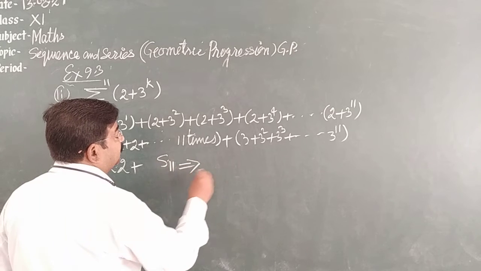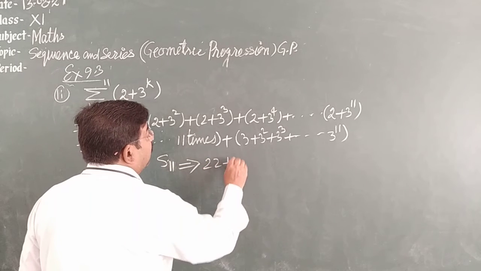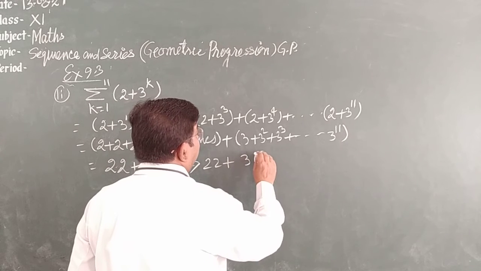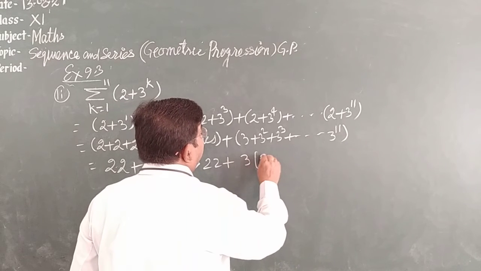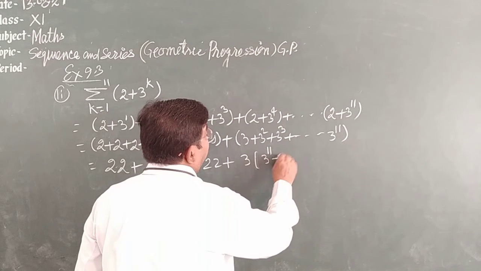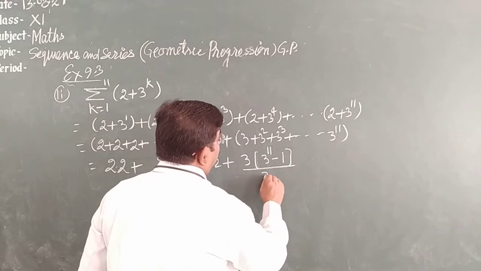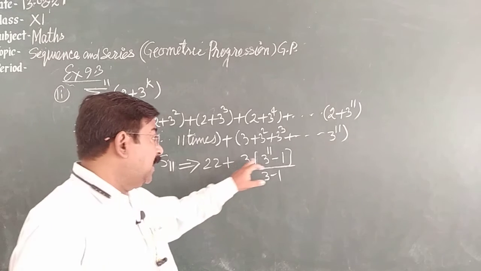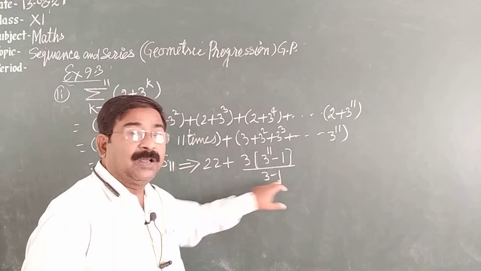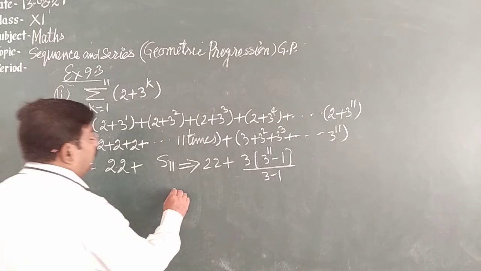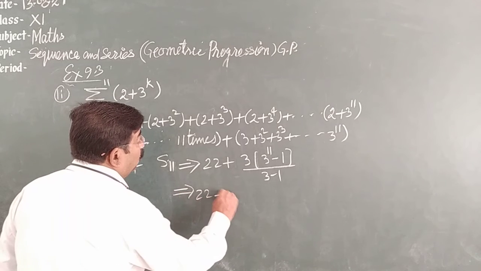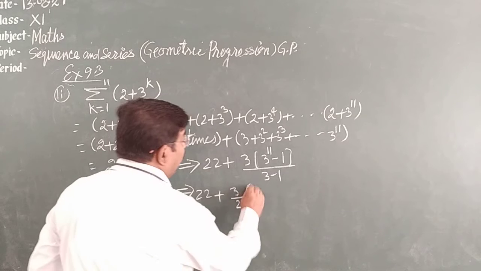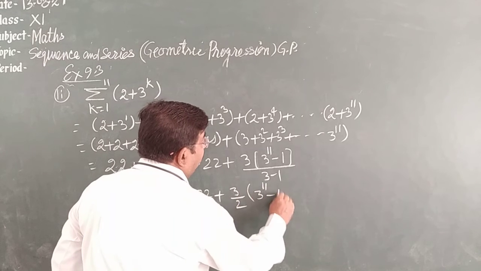So I am writing here 22 plus 3 into 3 to the power 11 minus 1 upon 3 minus 1. Why? Because a times r to the power n minus 1 upon r minus 1 is the formula. So we have 22 plus 3 upon 2, since 3 minus 1 is 2, into 3 to the power 11 minus 1.